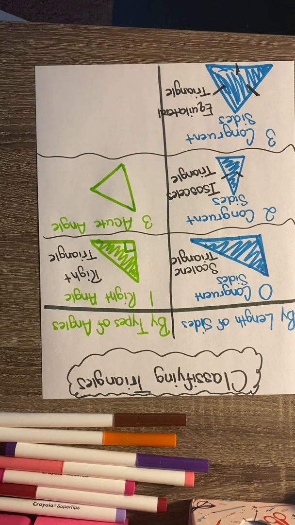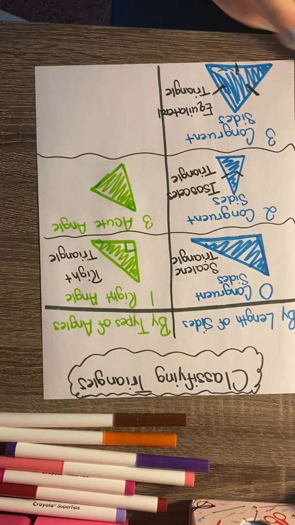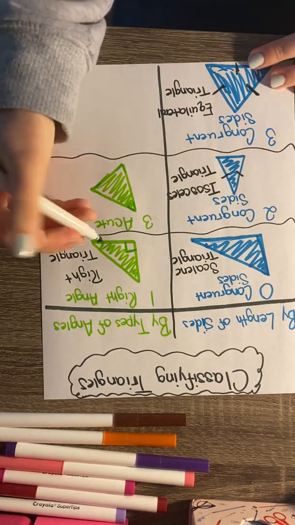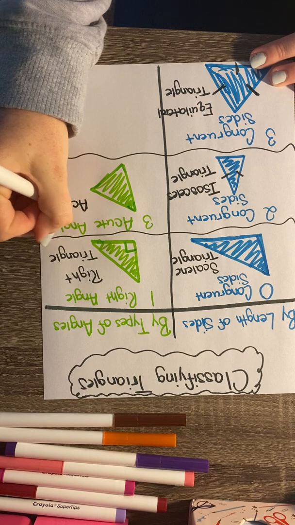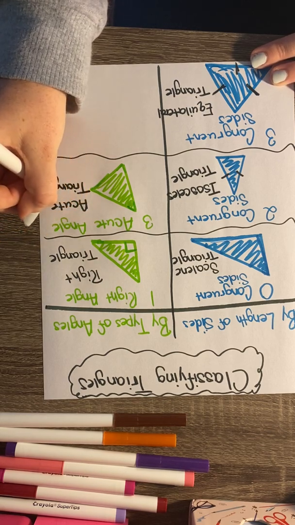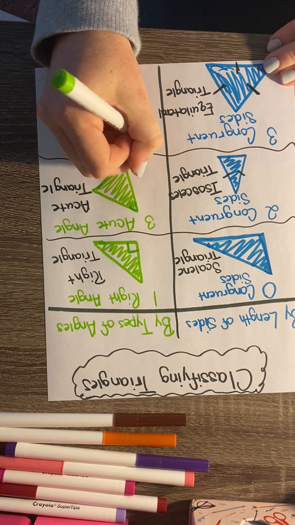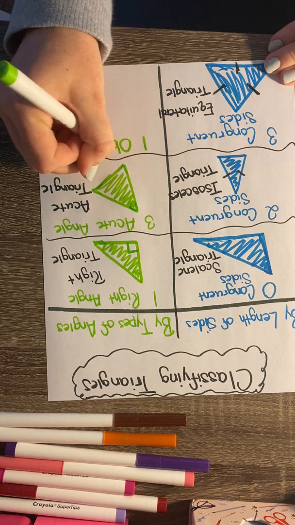So it's less than 90 degrees. So we're going to shade it in. If you have three acute angles, not two, not one, but three, it's going to be called an acute triangle, okay? Acute triangle.